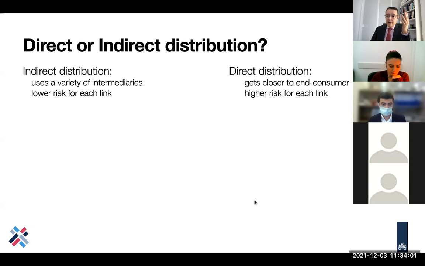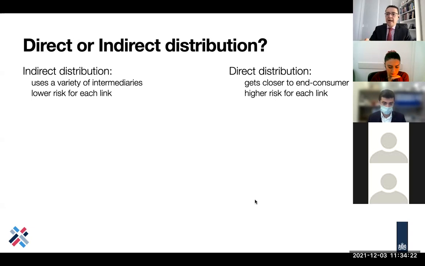So the point I'm trying to make is both going direct or using intermediaries, using a supply chain that has lots of people in it, both have pros and cons. So one of the big pros of direct distribution is you are closer to the end consumer.